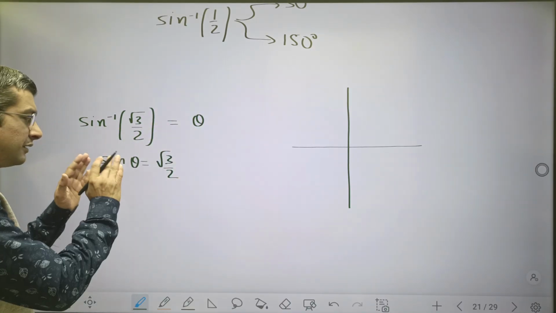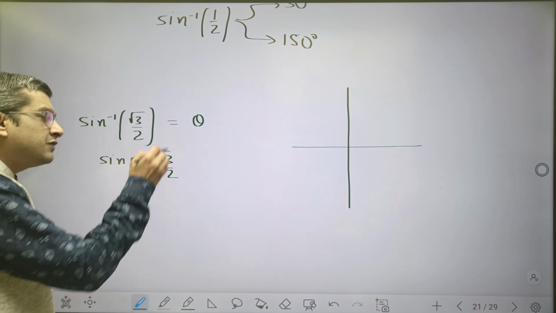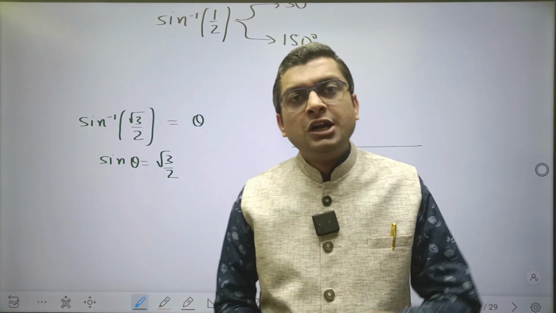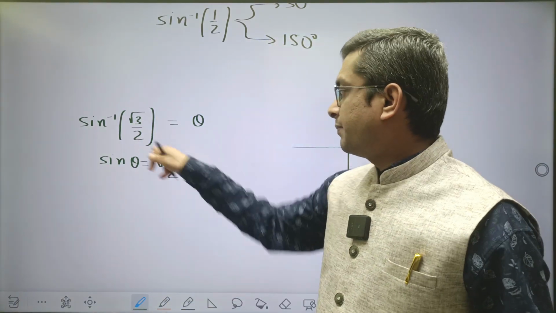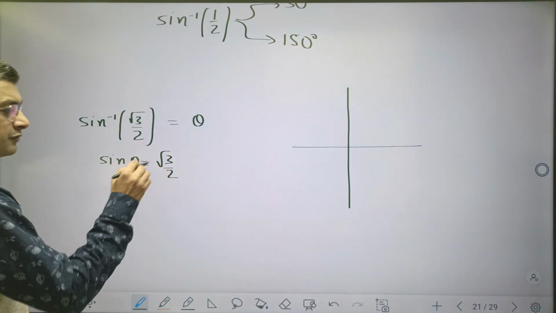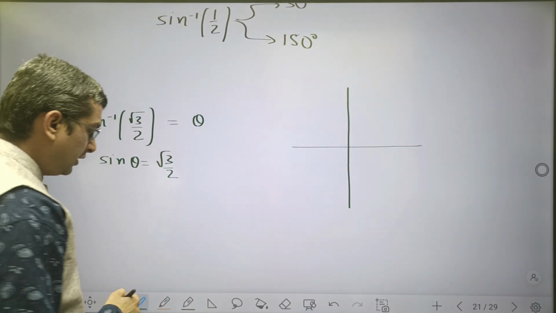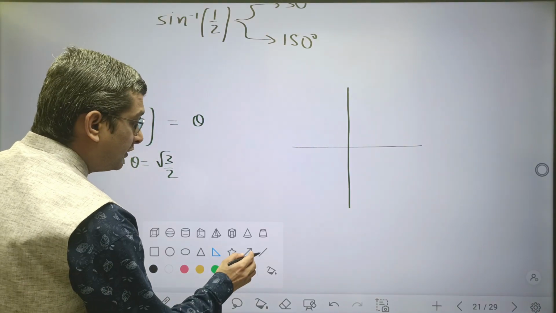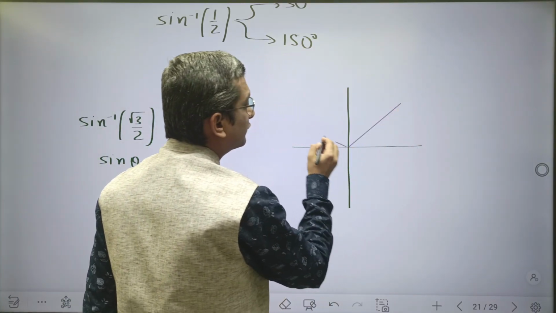If sine theta is equal to root 3 by 2, it means that theta is equal to sine inverse root 3 by 2. Just as we have seen that sine 30 is 1 by 2, so 30 is nothing but sine inverse 1 by 2. Similarly, we are applying this rule here. Sine theta has a positive value, so the angle theta must lie either in the first quadrant or in the second quadrant.